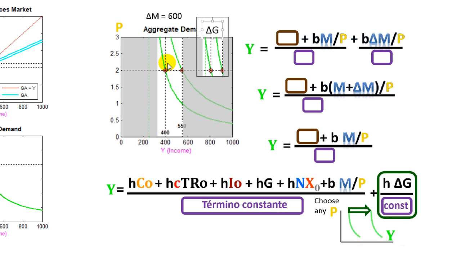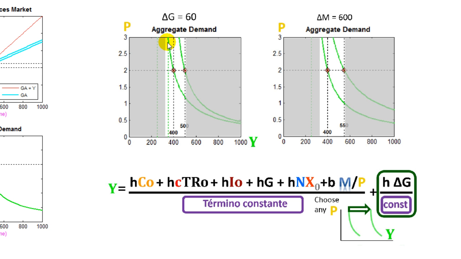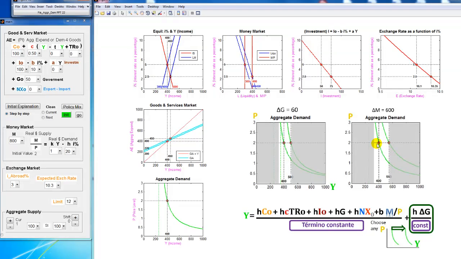Whereas in the case of fiscal policy, the shift is totally parallel, because this is constant. As we are using monetary policy, the shift is not going to be parallel, like in this case. It is going to be like this, not exactly a parallel shift. So let's see it. Then why does it look kind of parallel?